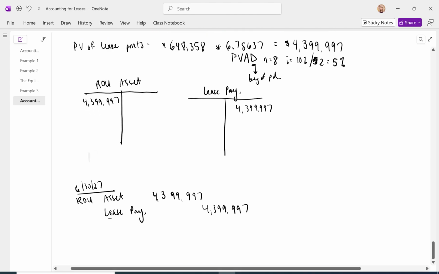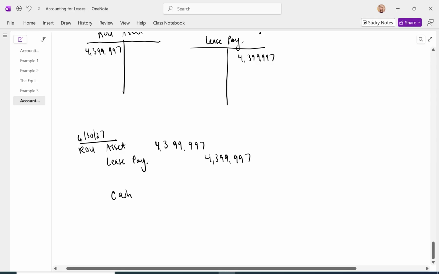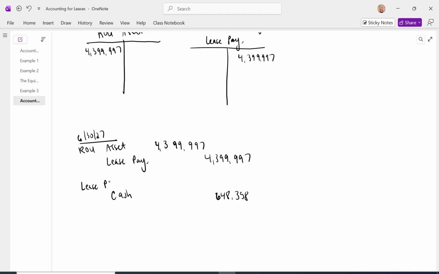And then immediately the first cash payment is made. Cash payment is for $648,358. No time has passed, so there's no interest expense. This entire amount goes to reduce the lease payable. I'm going to post this entry, and then determine my ending balance on June 30th.